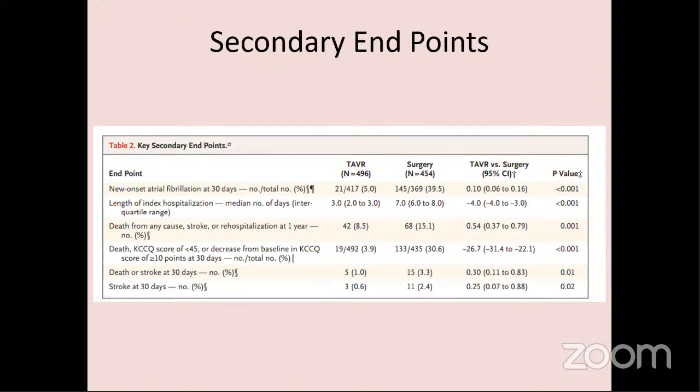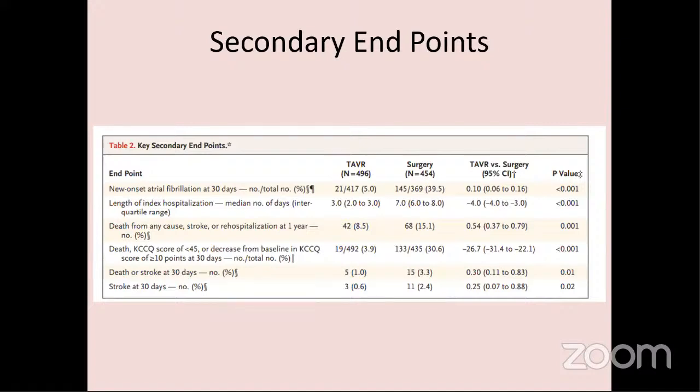New onset atrial fibrillation in the TAVR group was 5 versus 39 in the surgical group, as well as a shorter index hospitalization: the TAVR patients stayed for 3 days compared to 7 days in the surgical group.